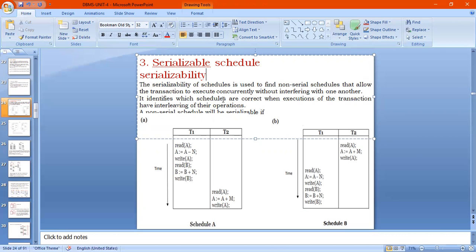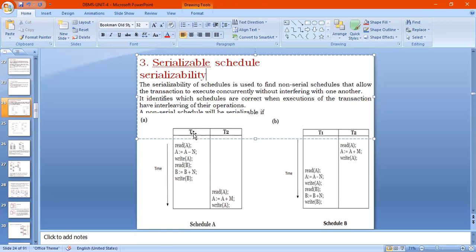It identifies which schedules are correct when execution of the transactions is interleaved. The non-serial schedule will be serializable if and only if it satisfies the following.